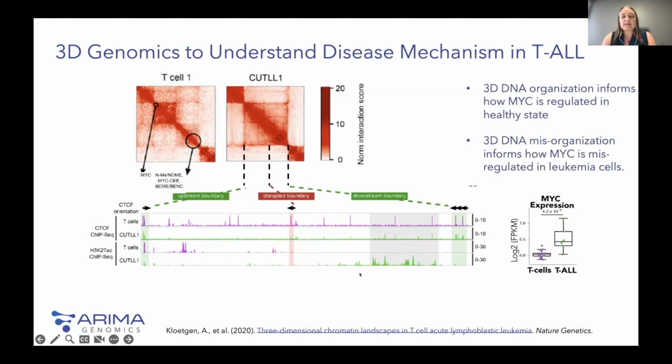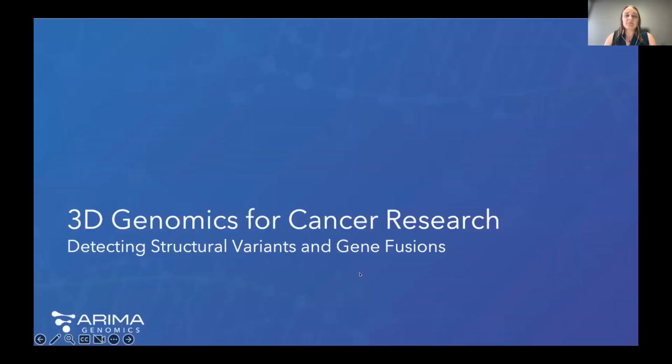So this is a really nice example of how the 3D DNA organization uncovered by Hi-C informs how MYC is regulated in healthy cells, but also gives really important clues as to how it is misregulated in leukemia cells.